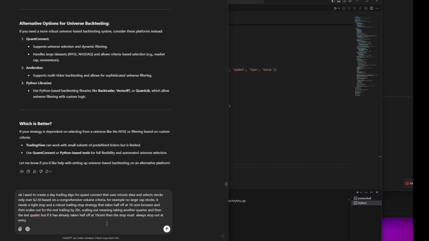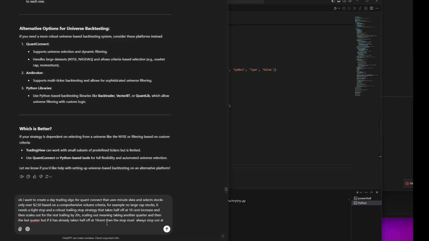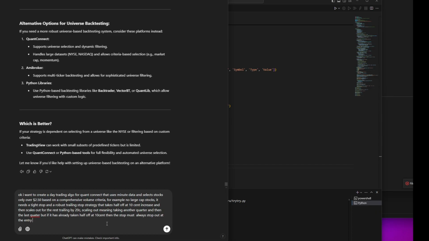At the entry price. I hope it understands what I'm saying there. Basically, if it gets 10 cents and then sells off half and comes back down, I want it to stop out at the entry price.